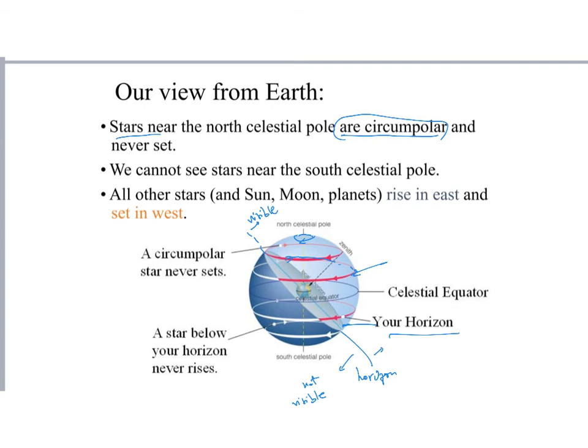That's during 1 day of rotation of the Earth around its axis, and it's going to go under the horizon. That means it's setting. Also, take a look at some stars here, very close to the South Celestial Pole. They will never rise and obviously never set either.